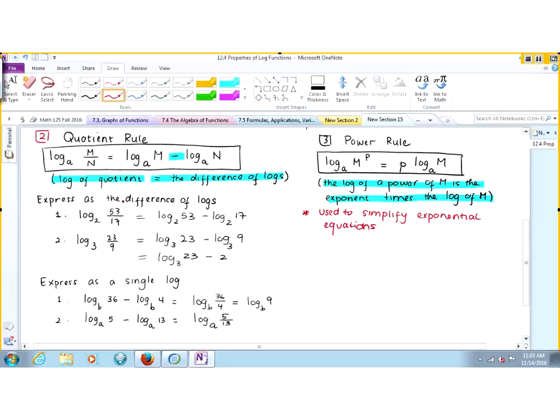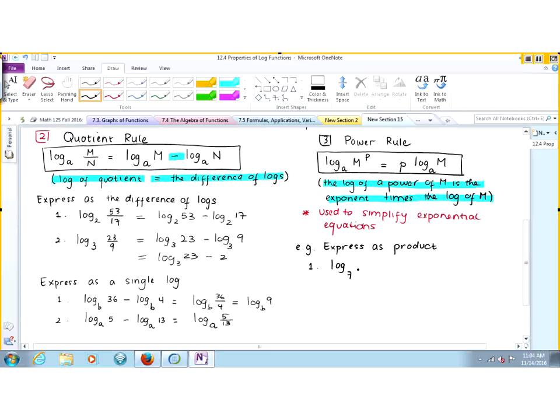Okay, and the difference is that number 1 and 2 are for log equations, and then this is for exponential equations. So we'll know later. So for example, express as a product, not as an exponent.